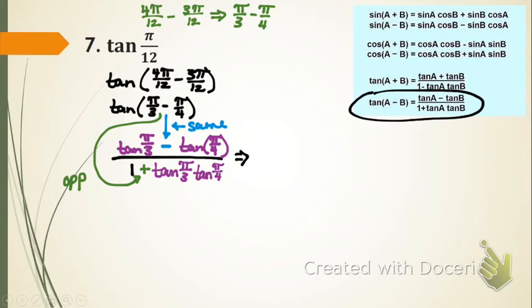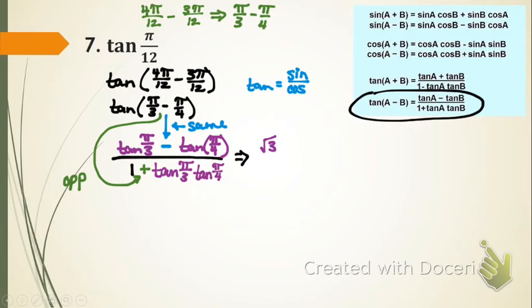I know that tangent is sine over cosine. So I want to know tangent of pi over 3. What is tangent of pi over 3? What is sine over cosine? Square root of 3.